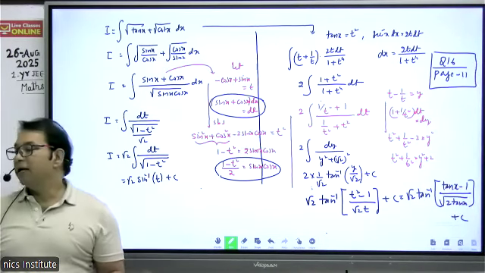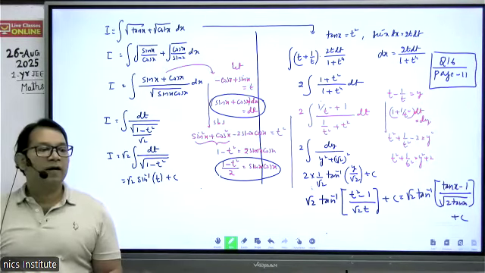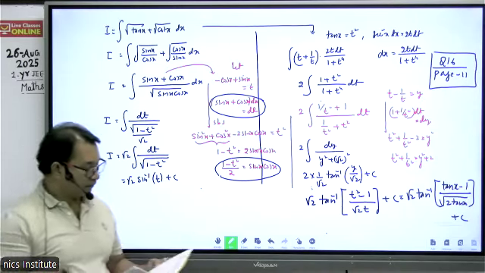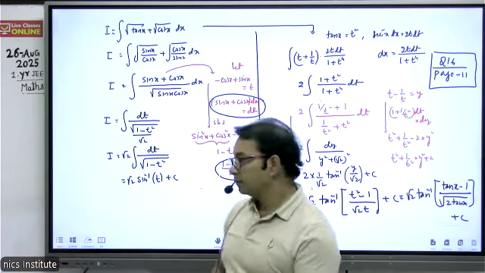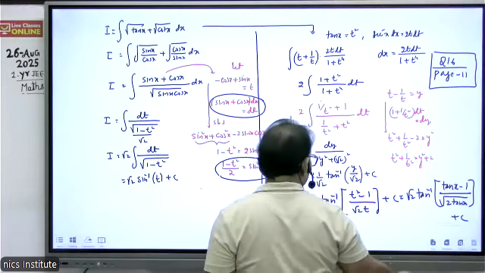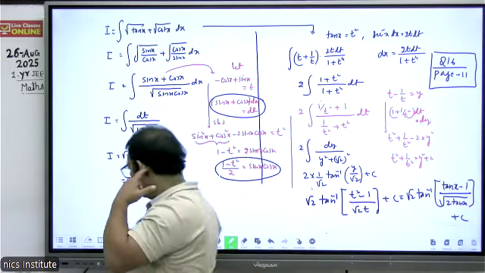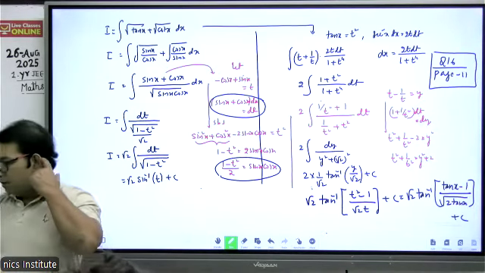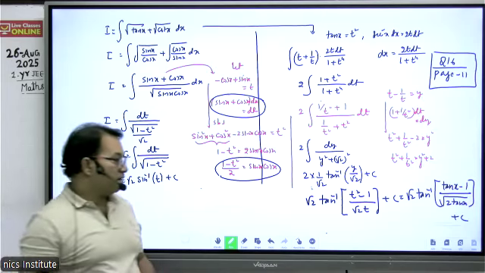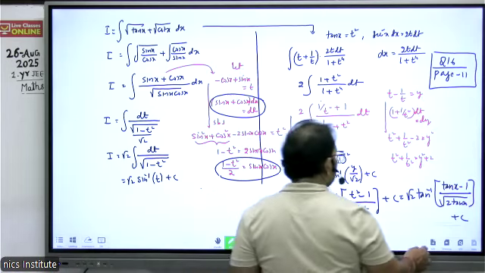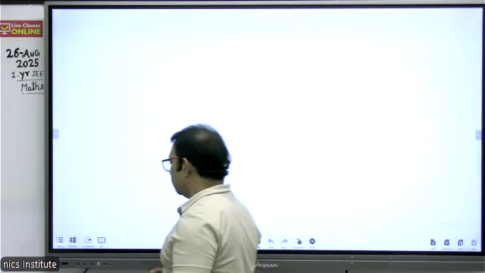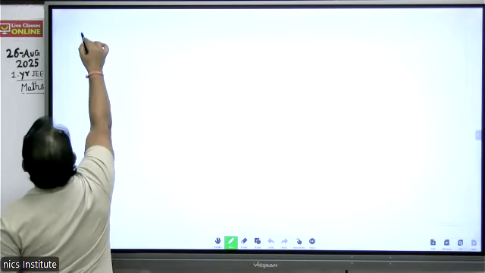Have I done question number 8 with you? Dividing numerator by cos square x. No? Okay. So now the questions which have sin square x, cos square x, or sin x cos x in the denominator.